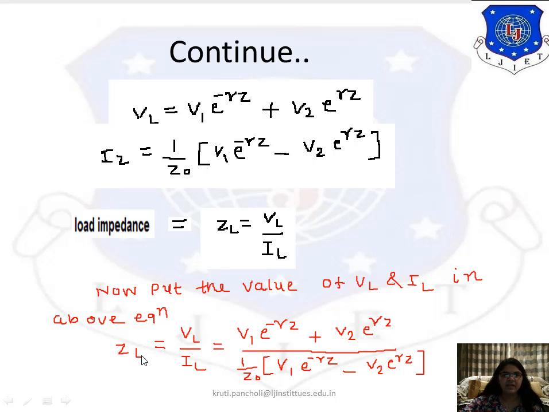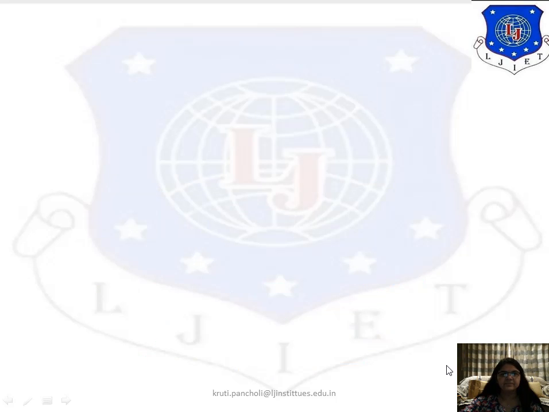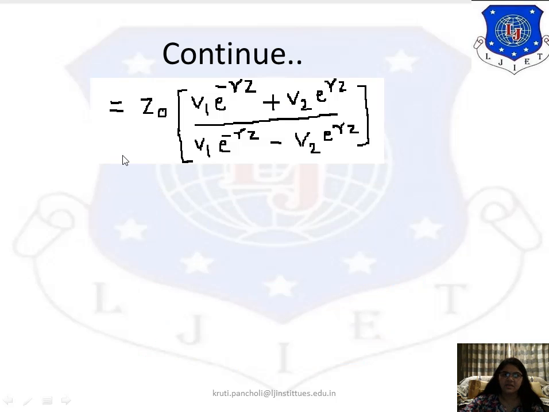So my equation is ZL equal to VL upon IL. VL is V1 e raised to minus gamma Z plus V2 e raised to gamma Z, and IL is 1 upon Z0 times V1 e raised to minus gamma Z minus V2 e raised to gamma Z. We can take Z0 out.